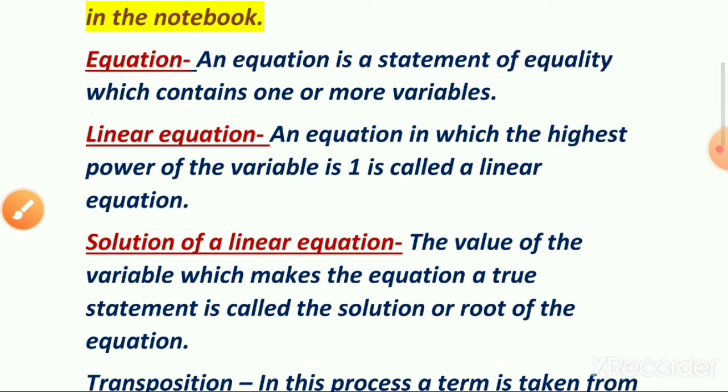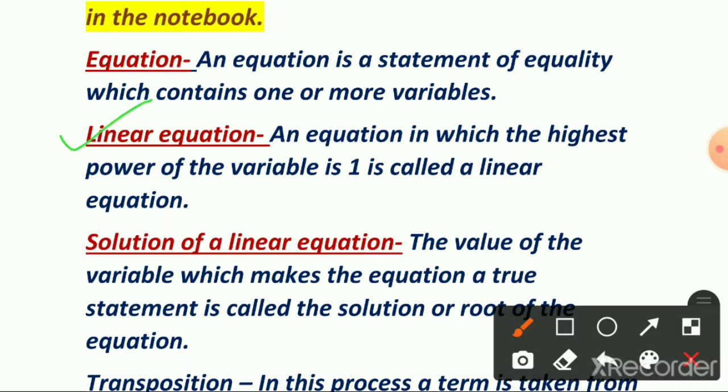Now among equations there can be linear equations and quadratic equations. As you grow up you will study about that. What is a linear equation? First we are going to learn the meaning of linear. We have studied the different types of expressions based on the terms: one term monomial, two terms binomial, three terms trinomial and more. In the same way, on the basis of power, if the variable has power one, it is called linear.